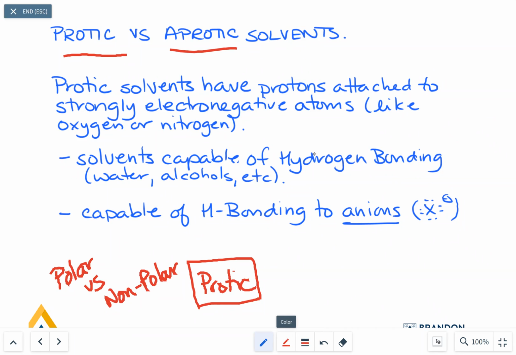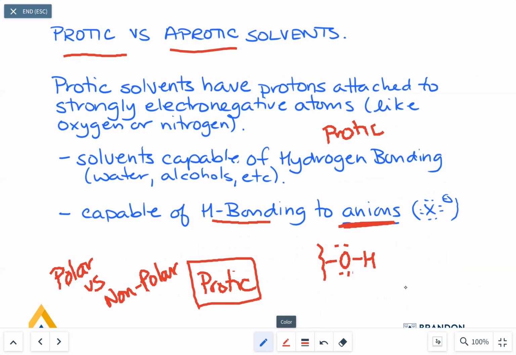Solvents capable of hydrogen bonding are what we call protic solvents. The majority of them are going to have a hydroxyl group in them. So they're capable of hydrogen bonding anions.